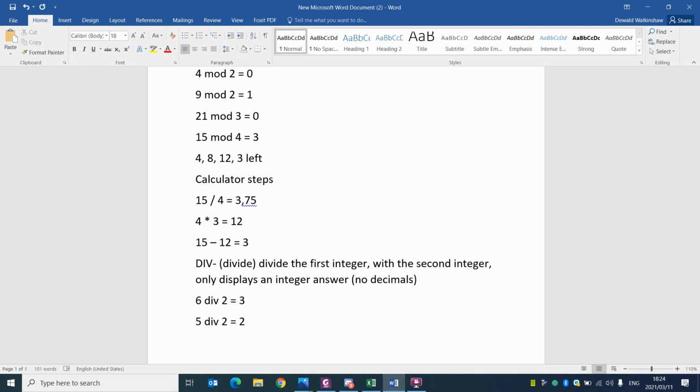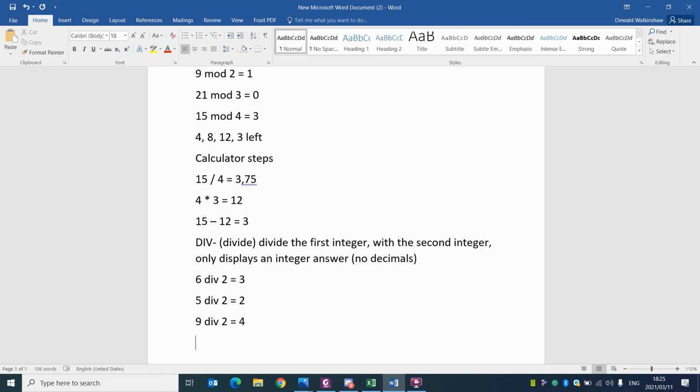If we take something like 9 div 2, what would we get? 4. 4, sir. Okay, so no decimals and we just keep the 4. Next up, if we have 15 div 4, what would we get? 3, sir. 3.